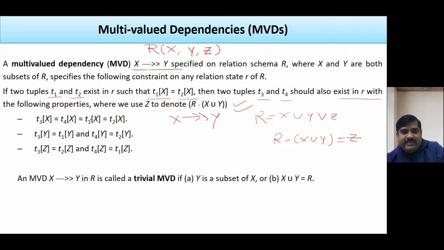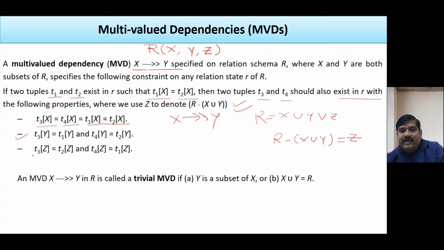So the first condition is T1 of alpha equals T2 of alpha equals T3 of alpha equals T4 of alpha. Second condition, T3 of Y equals T1 of Y and T4 of Y equals T2 of Y. Or we can say that if the third tuple agrees on its Y value with the first tuple, then the fourth tuple and second tuple should also agree on their Y values.